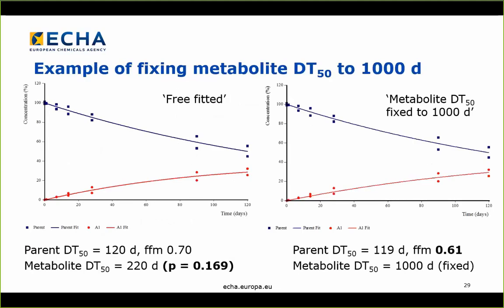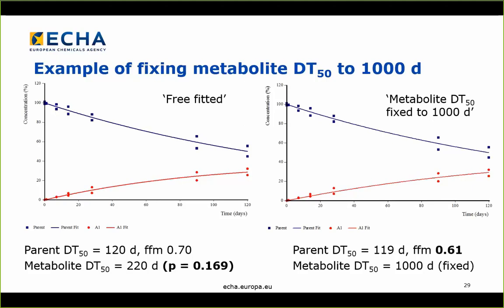Okay. This is just an example of fixing a metabolite DT50. So on the left, we have our free-fitted optimized parameters. Okay, and the fits look pretty nice, but the metabolite DT50 in that case failed the t-test. Okay, so it's not statistically different from 0. So what we've done on the right is to fix the metabolite DT50 to our FOCUS-defined conservative default of 1,000 days.